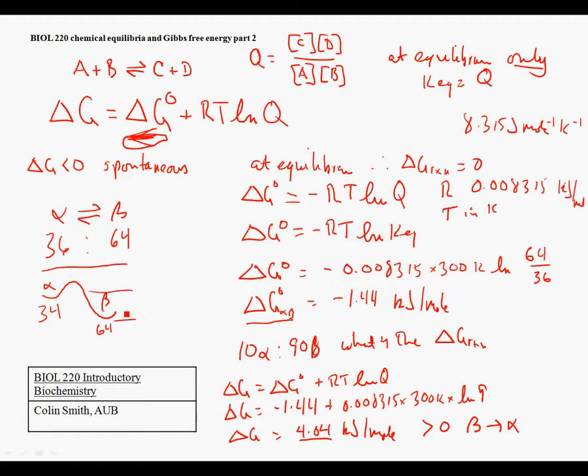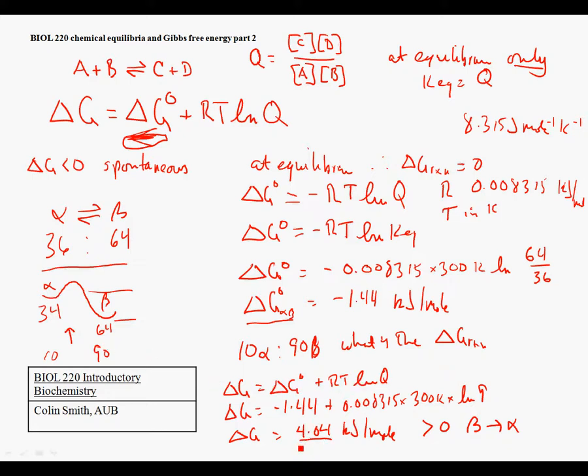If we put more beta in there than 64%, then the reaction will not proceed in the forward direction. It will proceed in the opposite direction, because this is a positive value, and beta will turn to alpha. It will go back from 90-10 back to 64-36, and we can see that from the sign.